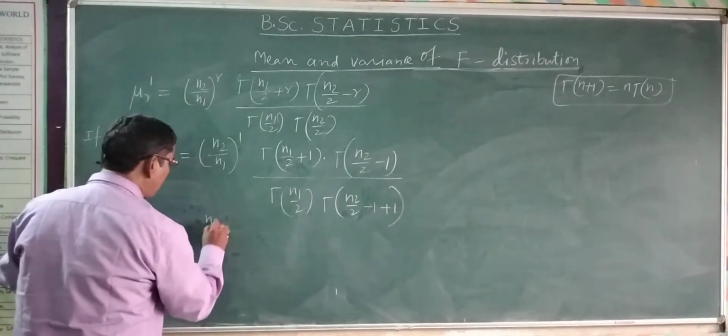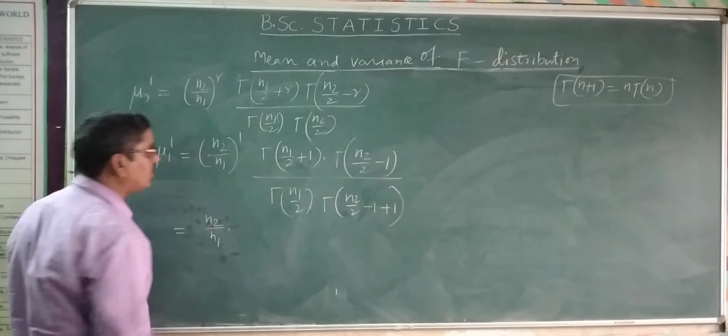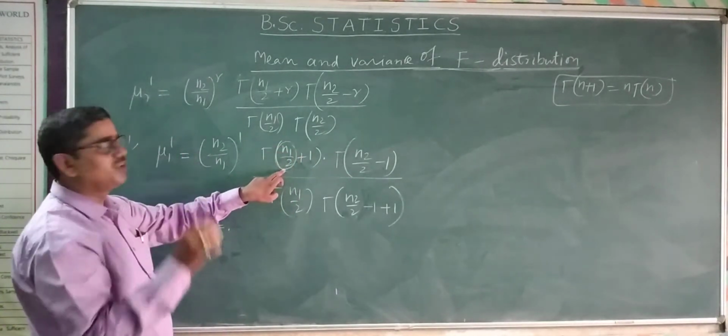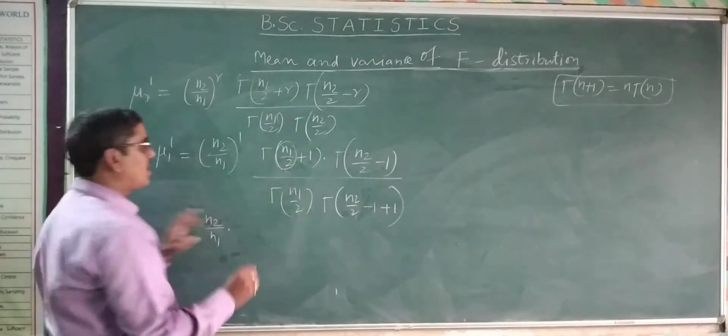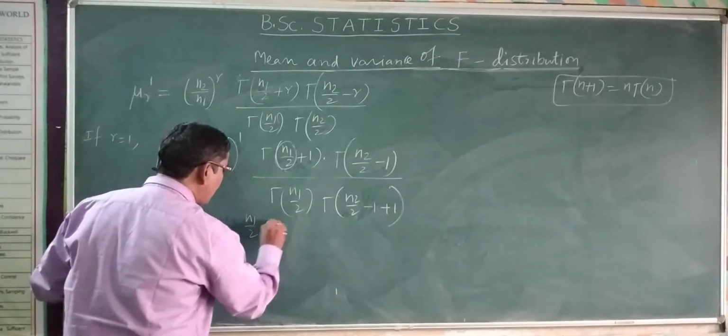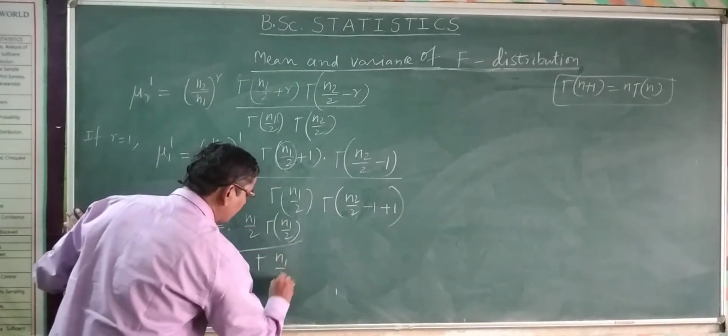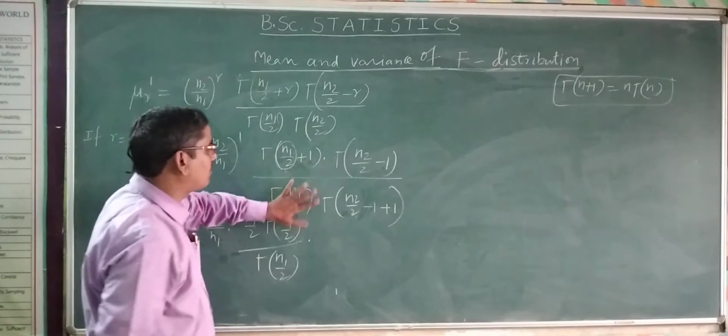In the formula n2 by n1 multiplied by this, if you consider n1 by 2 as m, gamma m plus 1 is m into gamma m. Therefore n1 by 2 gamma n1 by 2 divided by gamma of n1 by 2. You understand? First term compared.